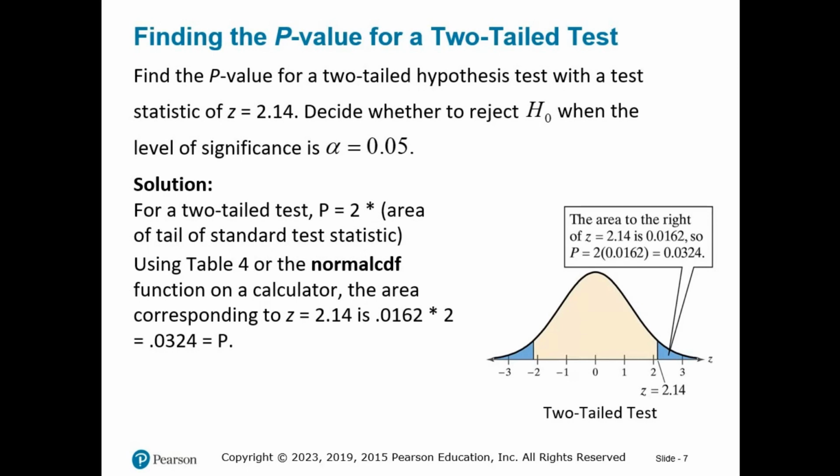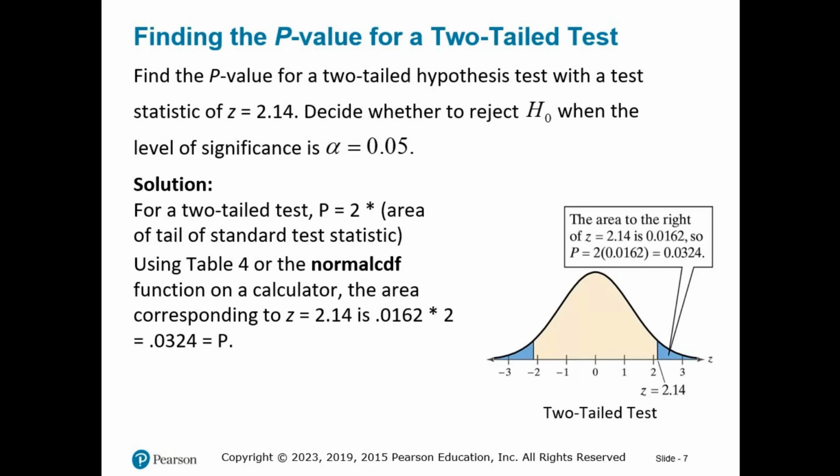First, using the calculator, let's use the normal CDF function with a large negative lower bound and negative 2.14. If you don't remember how to do that, press second, then the vars button, then put in the lower value.